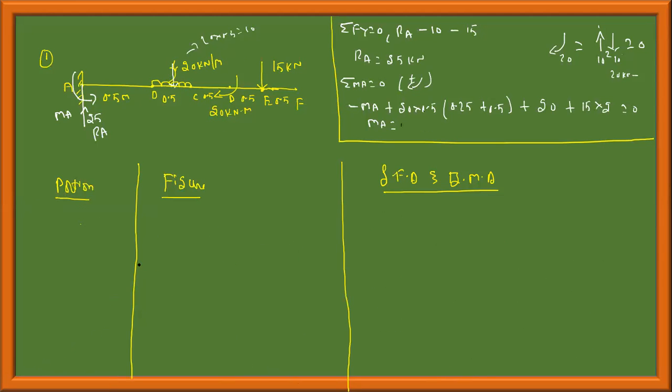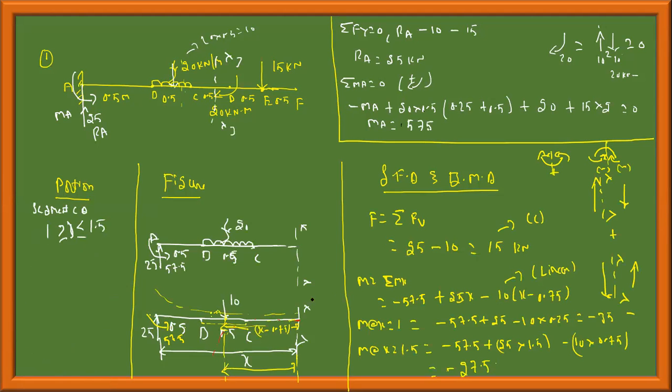See here, in the bending moment diagram, at point D we got the moment as minus 27.5. Now we will see that when this moment of 20 kilonewton meter is acting, there will be a sudden drop or rise in the bending moment. We'll look into that.